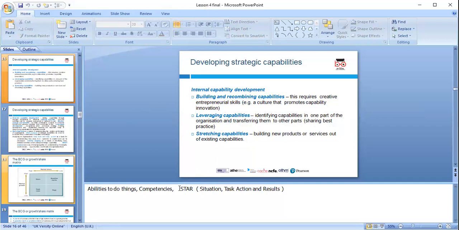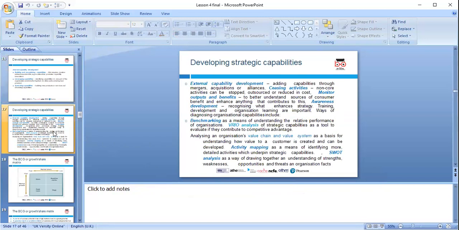At the moment, if you are applying for any job in any sector, the STAR method of interview is quite popular because the employer wants to assess your competencies, not just capabilities: situation, task, action, and result. We can watch a little video on the STAR method of interview, which is plentiful on YouTube. It's quite good if you're applying for a job anywhere.